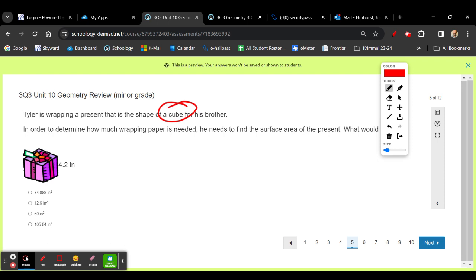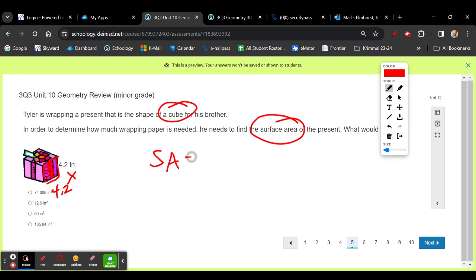Number 5, we have a cube and we need the total surface area. It doesn't say lateral, so it's total surface area. So the cube is going to be 4.2 by 4.2. So if we multiply those, we're going to find the area of one side.